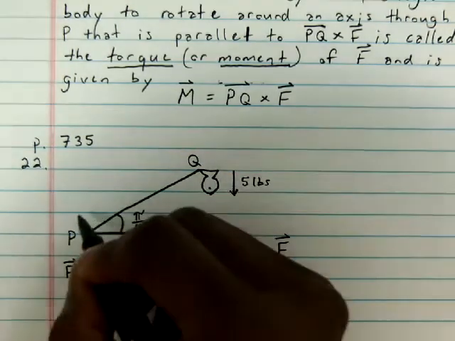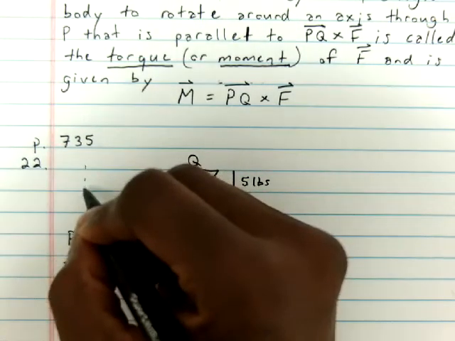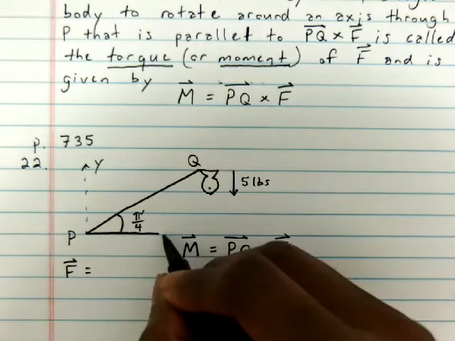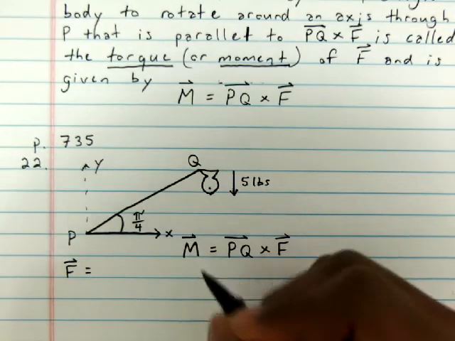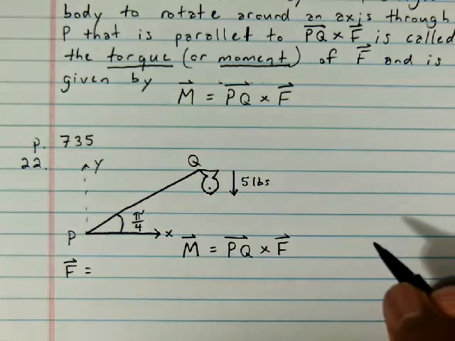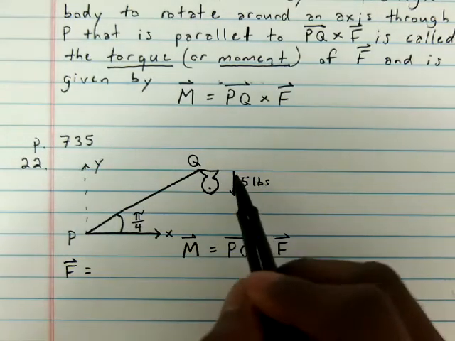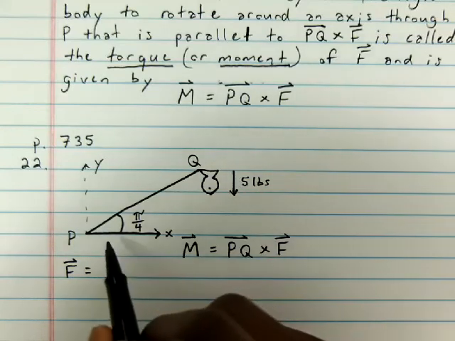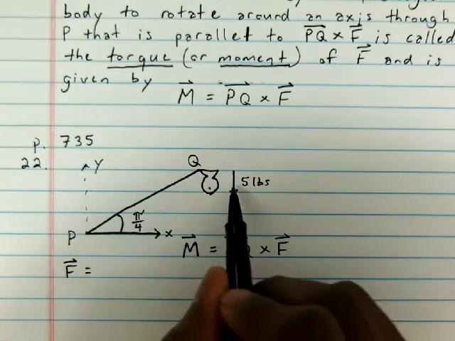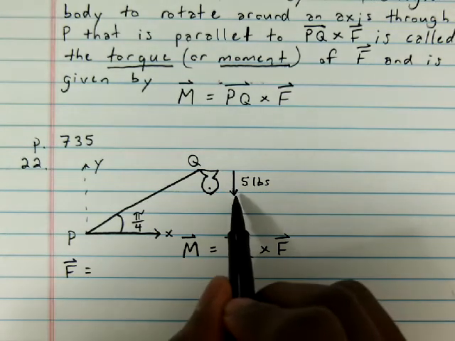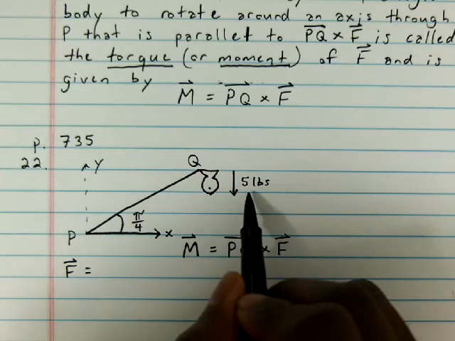If we had some coordinate axes on here, so if I put a y-axis there and make this an x-axis, we don't necessarily need them, but if we look at this vector right here, it's not going in the x direction at all because it's not moving to the left or to the right. It's going straight down. So its i component is 0. Now its j component is 5.